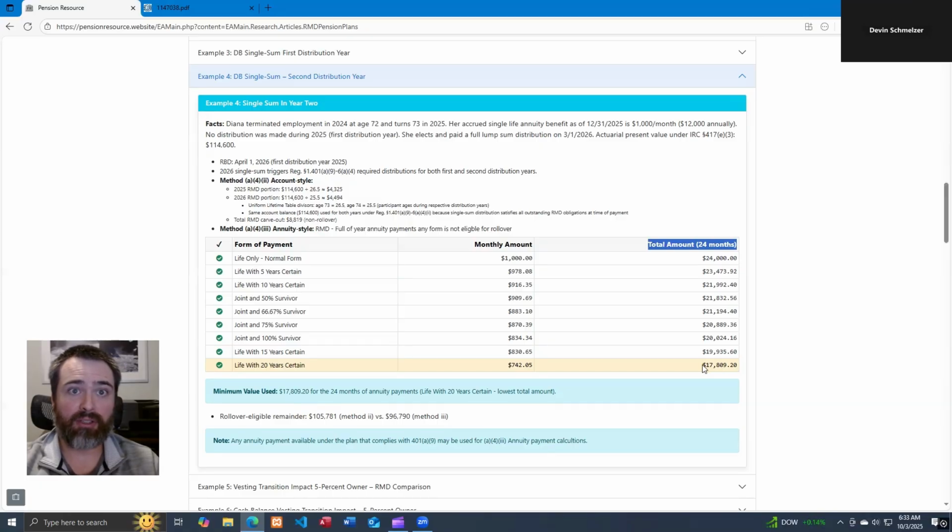Here, this is going to be $70,800 that isn't eligible as annuity payments. So I'm doing the same thing as before. I'm using the lesser of the two, the account balance method or annuity payments. So that means 105,000 is eligible for rollover, and that 8,800 isn't eligible for rollover.